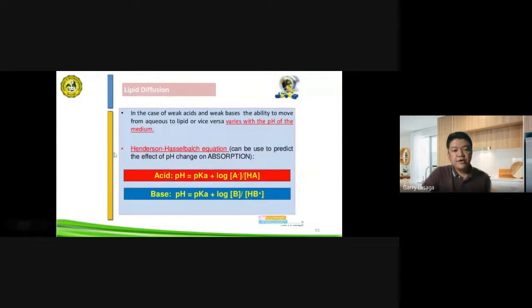So in the case of weak acids and weak bases, the ability to move from aqueous to lipid or vice versa varies with the pH of the medium. So this particular concept is explained by the Henderson-Hasselbalch equation. This equation can be used to predict the effect of pH change on the drug absorption.